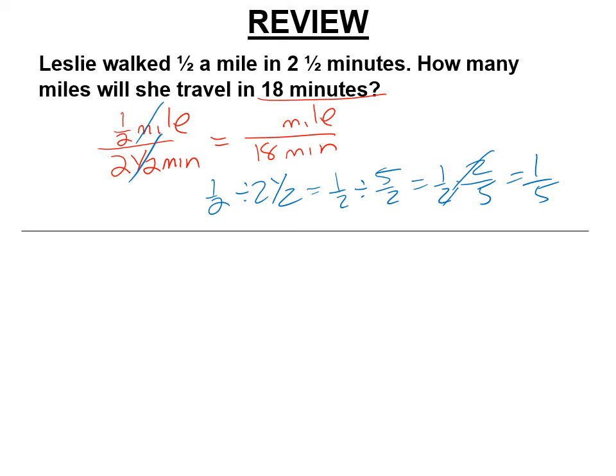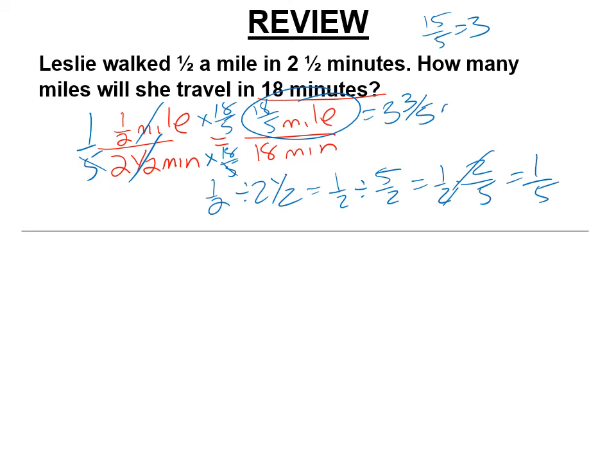Okay, so all that simplifies to 1/5, but we're still 5 times 1 makes 18. So we need our other technique, which is multiply by 18/5. Then the 5's cancel, so it's 1 times 18/5. So the answer is 18/5 miles. But let's make a little sense of that. 15/5 is 3, so this is also 3 3/5 miles.